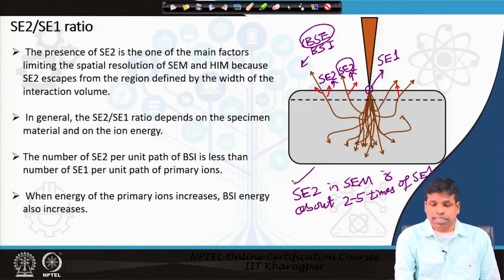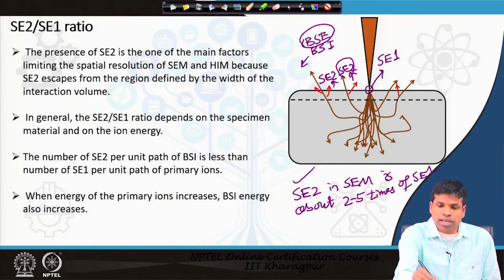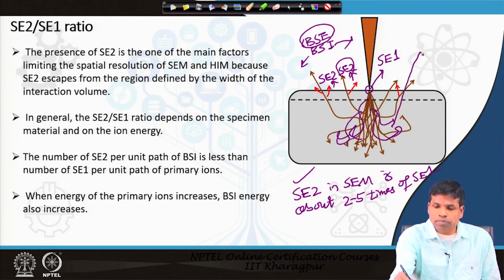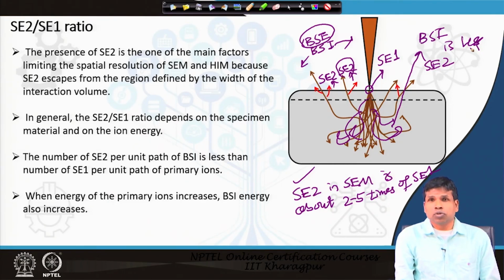On the other hand, with an ion microscope, as the yield of backscattered ions is less, because ions recoil more and a negligible number of such backscattered ions come out, therefore SC2 is less, and this SC2 is one of the main limiting factors of resolution.